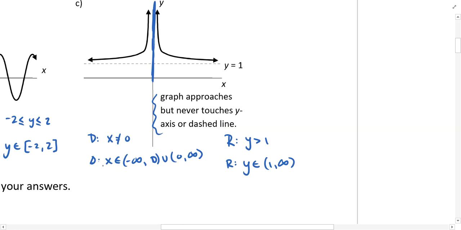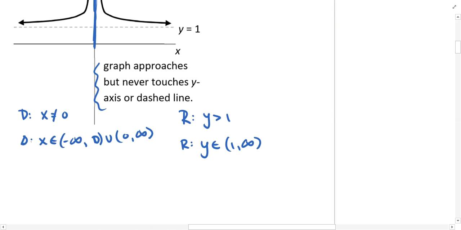Or if we use interval notation, we would say that x is an element of the list from -infinity up to 0, but not including 0, joined with the list of numbers from 0 up to infinity, not including 0. So clearly it's a little bit easier to write it using this modified set notation, and that would be just fine. We talk about this in terms of a domain restriction.